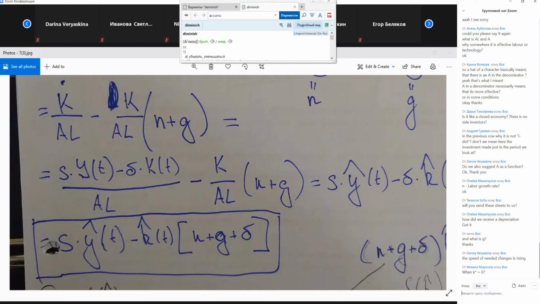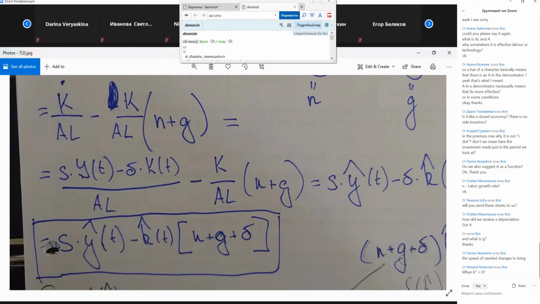Exactly, when little k hat, or before just little k, equals 0. We put a star to define it as the steady state level of capital. If you have a star next to the k or the k hat, it means that its evolution is equal to 0.